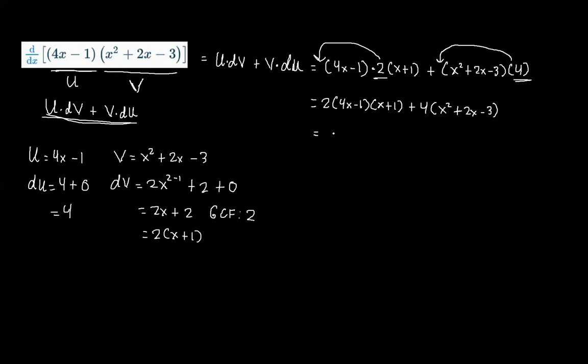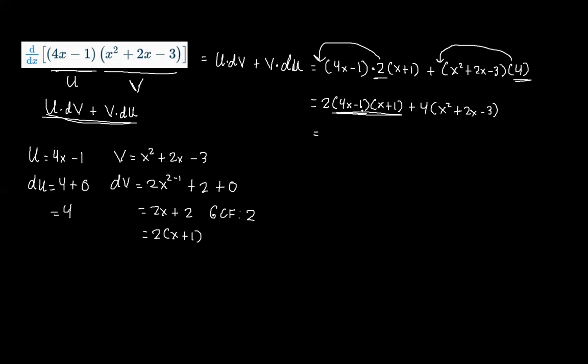You can leave this as your final answer, but in most cases, you really need to simplify this one aside from substitution only. So what we're going to do here is expand this one. Let's expand these binomials, 4x minus 1 and x plus 1.